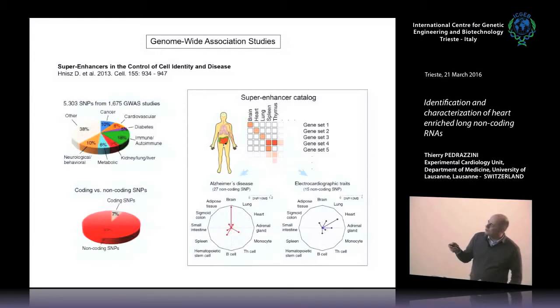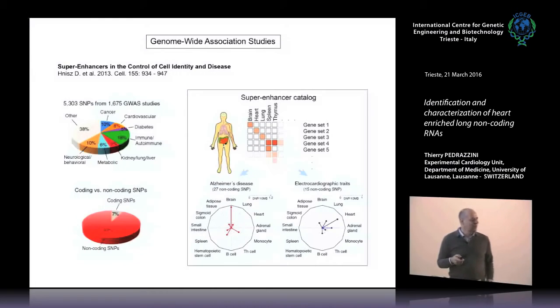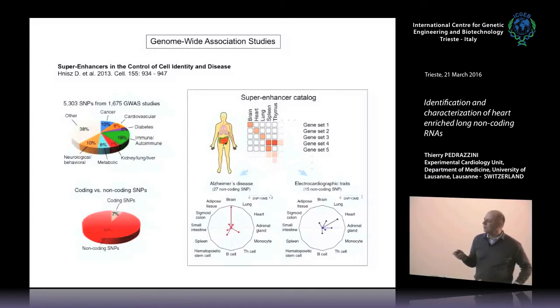And this is the percentage of SNPs associated with each disease. The important message here is that more than 90% of these SNPs are in non-coding regions of the genome. They don't affect coding genes. They affect the non-coding genome.